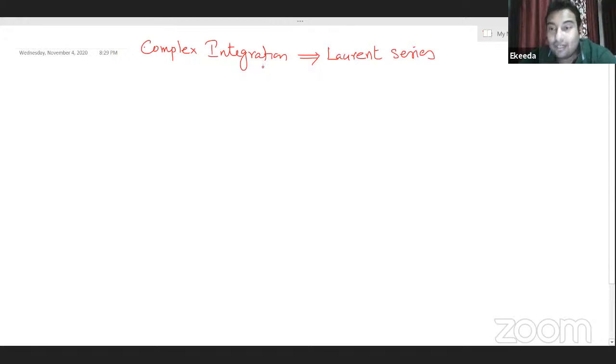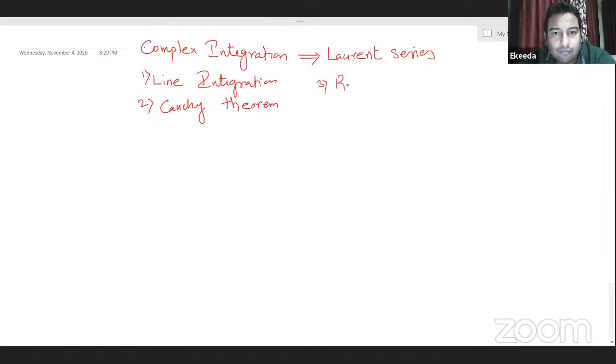So complex integration, we have four chapters in complex integration. The first one is line integration. Let me write it down. What are the different chapters in complex integration? Then we have Cauchy theorem. Then we have residues. And we have Laurent series.